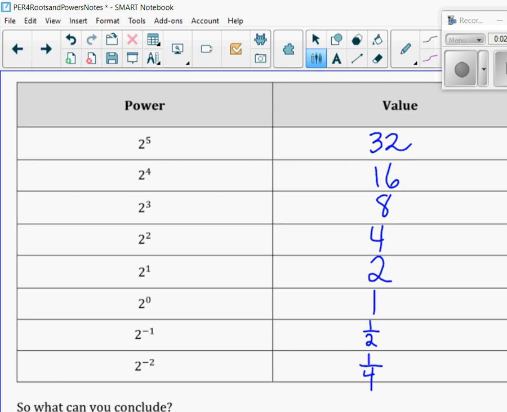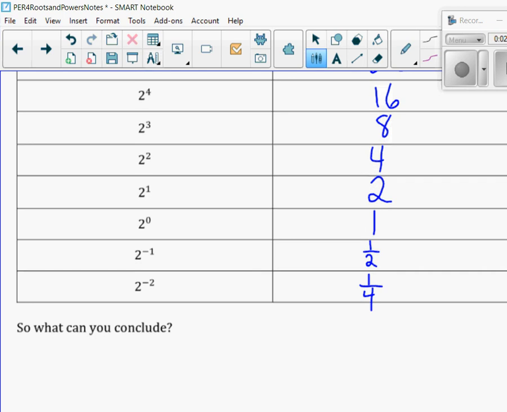Okay, just so you know, what's actually happening here is, although the values are dividing by 2 each time, if you look solely at the exponent, do you see that this is really 1/2 to the power 1, and this is really 1/2 to the power 2?